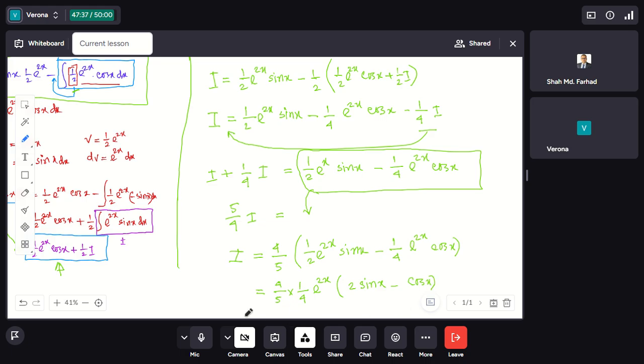Are you okay with this? Then we can cancel out 4, then it will be only 1 over 5 e to power 2x, then 2 sine x minus cosine x plus c. That is the integral.